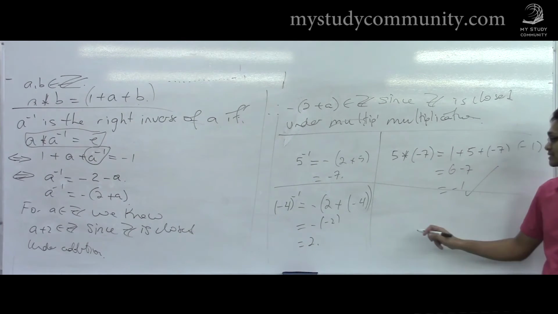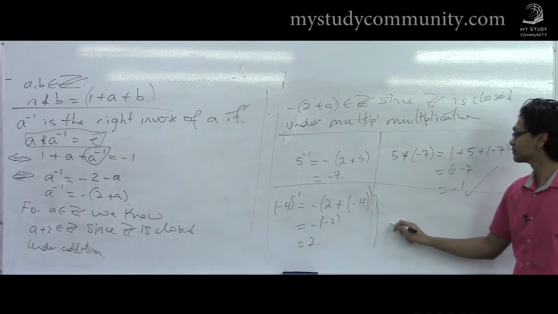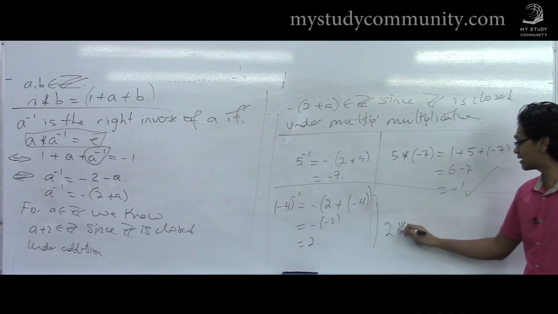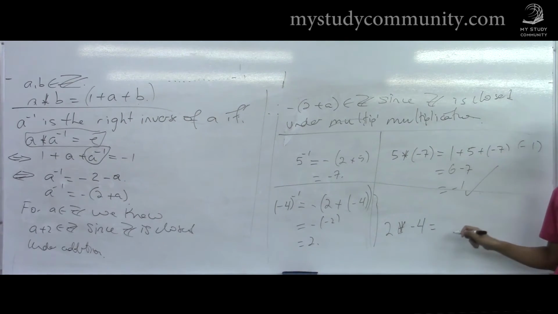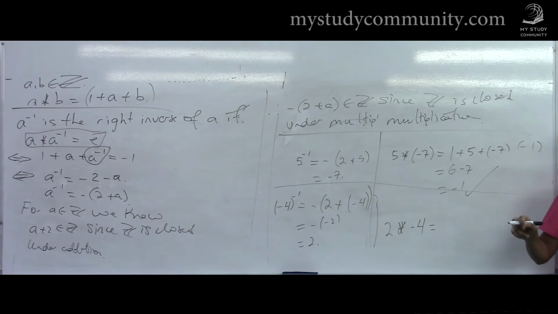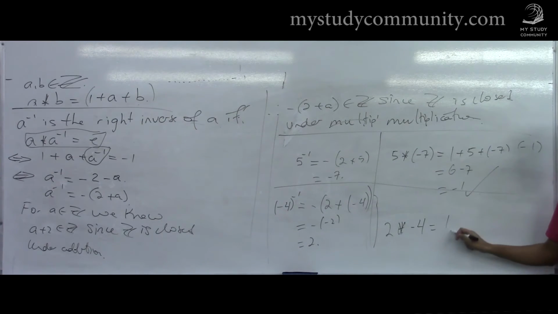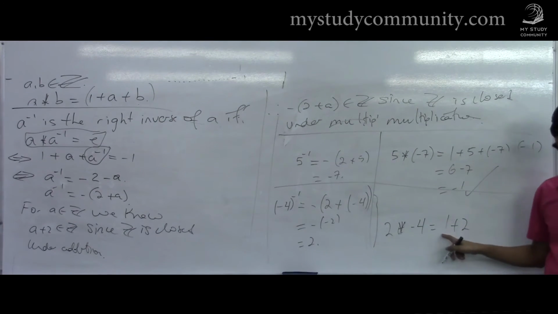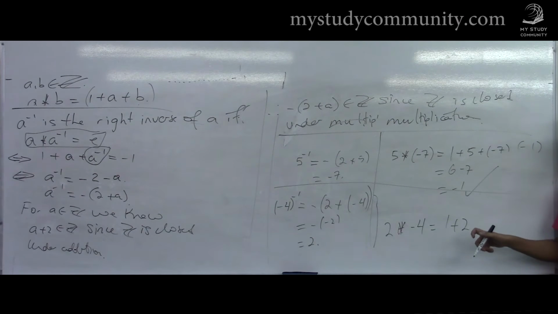Which means that 2 star negative 4 will give me back what? Negative 1. My identity is negative 1, yes? This is the first element plus this, this is 1, 1 comes out from nowhere, plus the first element, which is 2, plus the second element, which is negative 4. We get 3 minus 4, which is negative 1.